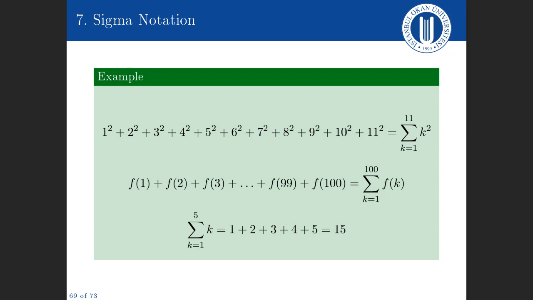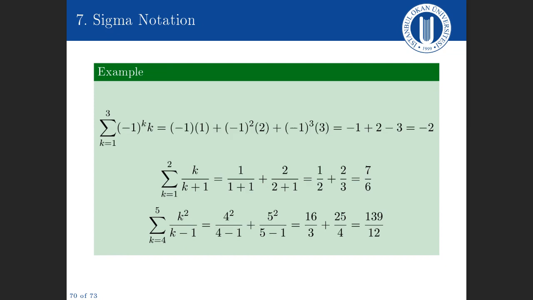Or f of 1 plus f of 2 plus f of 3 plus dot dot dot plus f of 99 plus f of 100, we can write as the sum from k equal to 1 to 100 of f of k, and so on. I'm going to leave the rest for you to check. You just note that we don't have to start at k equal to 1 if we don't want to. We can start anywhere we want. For example, we could start at k equal to 4.